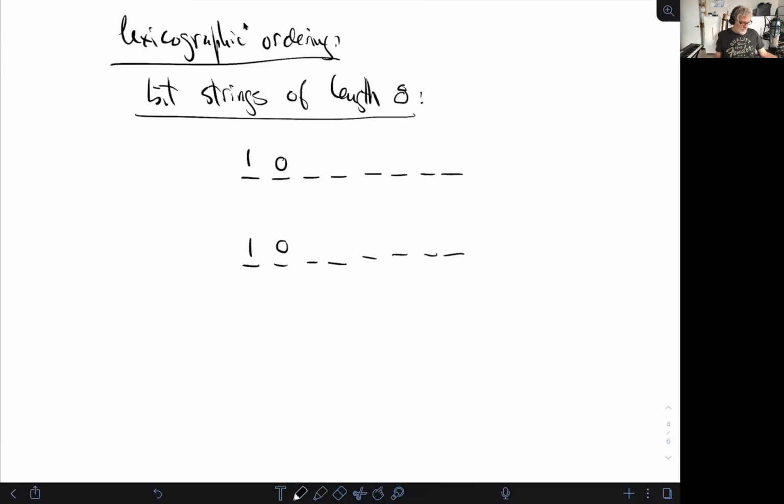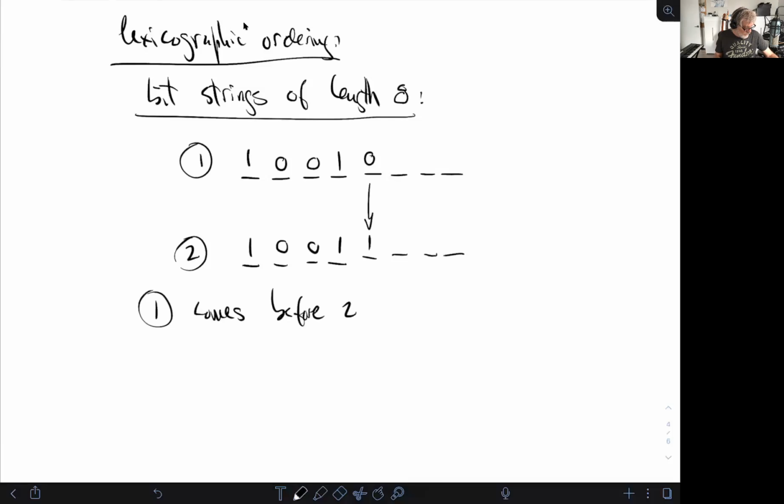If they both then have a 0, I still can't say anything. And if there's still a 0, I still can't say anything. Then there's the 1. And eventually, let's say I get a difference, then I know that the first comes before the second. Just alphabetical ordering. Does that make sense? I could be more formal here, but I think this makes sense, right?